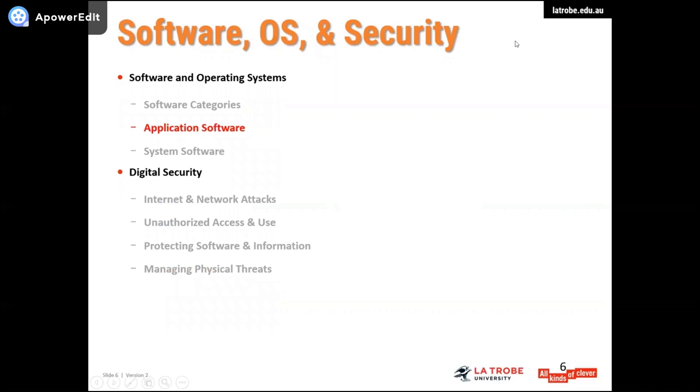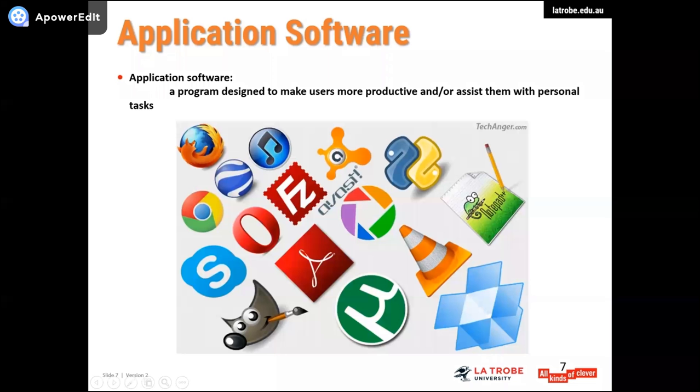So what is application software? As I mentioned, application software is a program designed to make the user more productive and assist them with a personal task. Actually, application software is the software we are using every day, like the internet browser, like Firefox, Chrome, Edge, Opera.